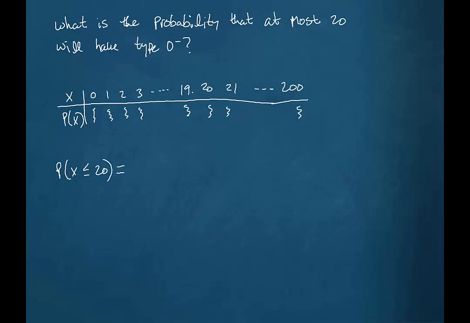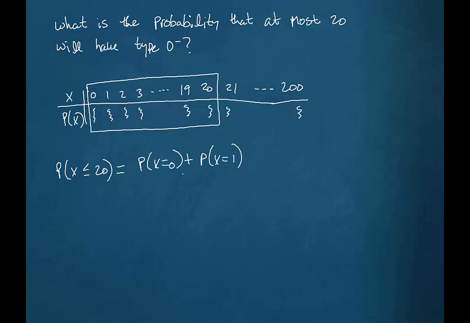Well, that would be all of these up to 20, from 0 to 20. In other words, this would be the probability that x is equal to 0 plus the probability that x is equal to 1 plus, and then on up to the probability that x is equal to 20.